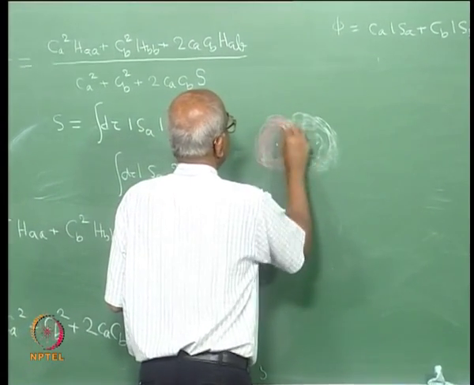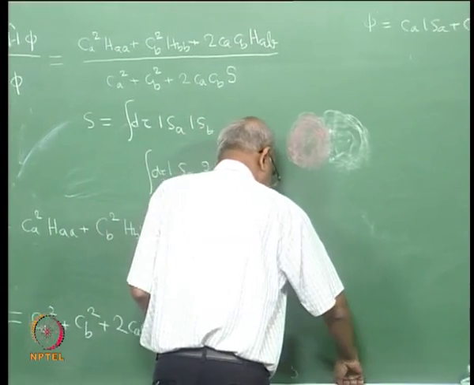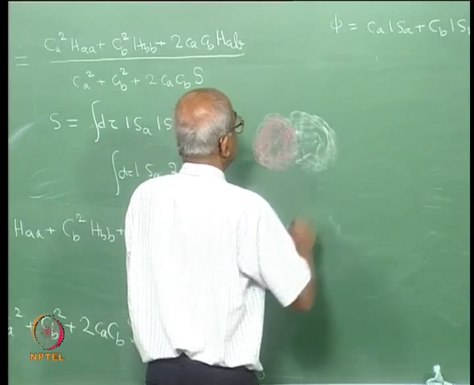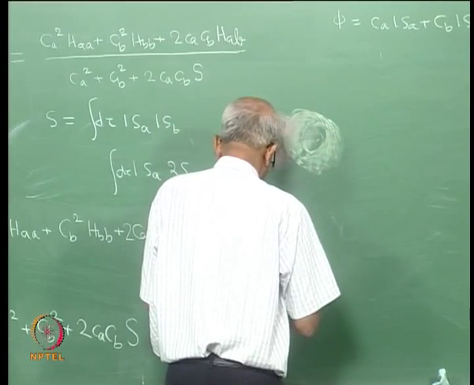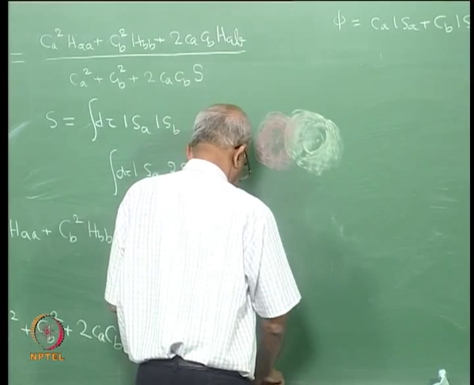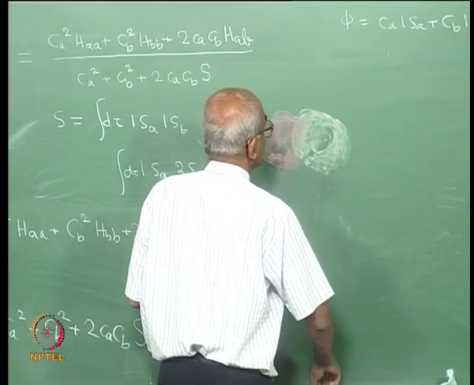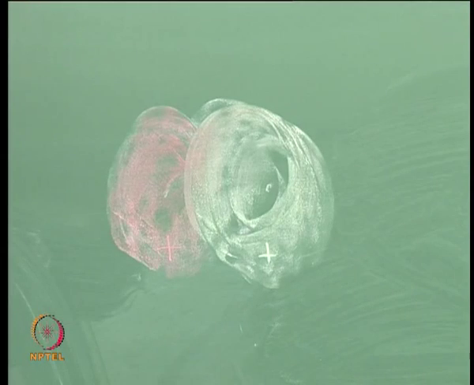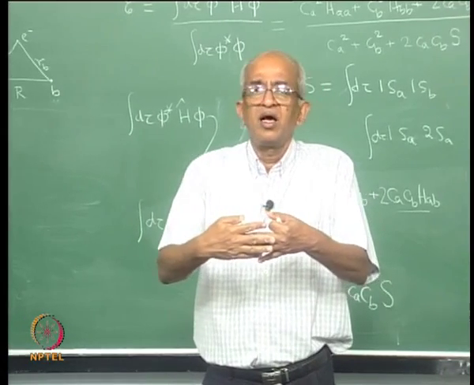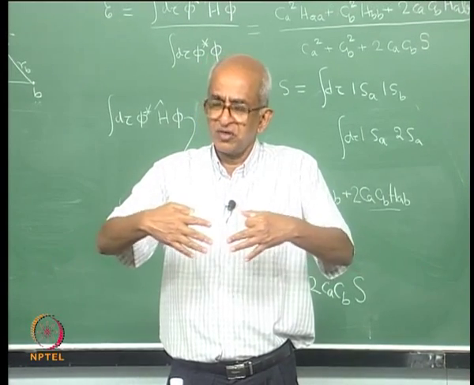This is 1sa and that is 1sb. And remember, everywhere both the functions are positive, 1sa is positive, 1sb also is positive. So, therefore, you are actually multiplying two functions which are positive, and therefore, what will happen? The product will actually be positive, and you integrate.